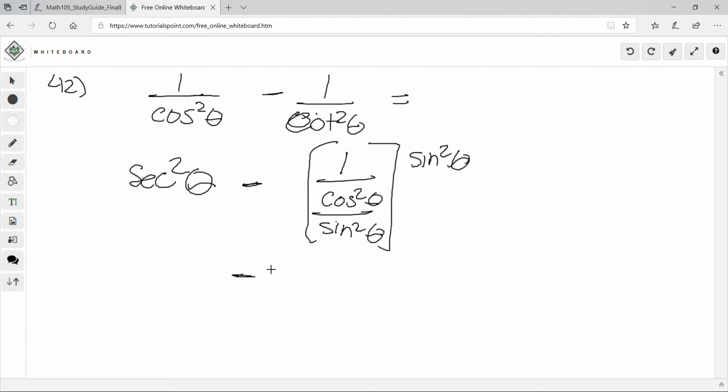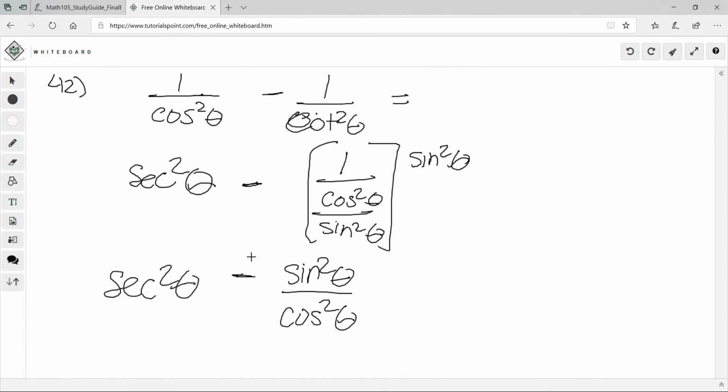So it's going to be minus sine square theta over cosine square theta. Bring this down. So secant square theta minus, this is another way of saying tangent square theta.